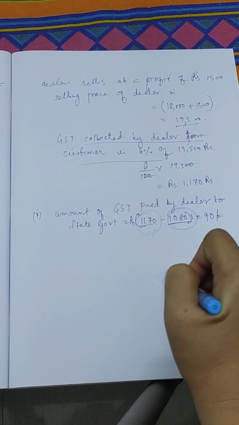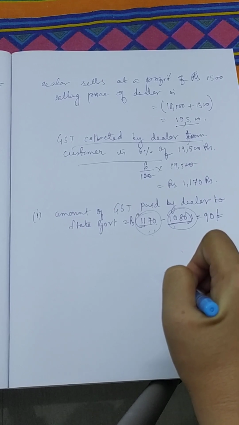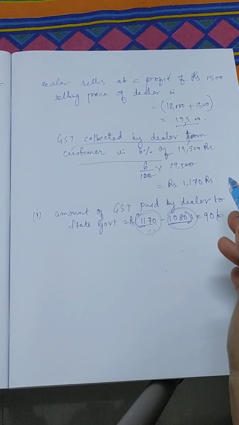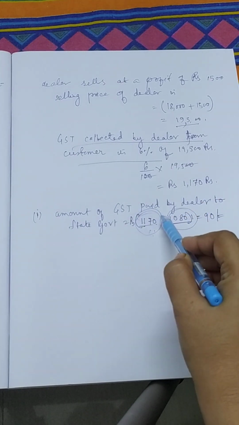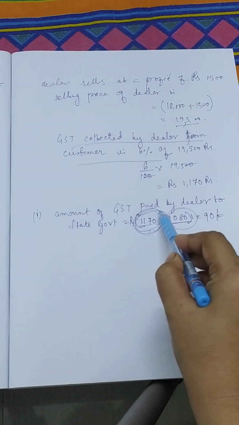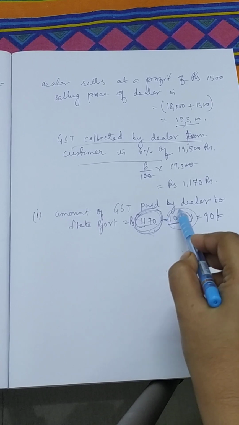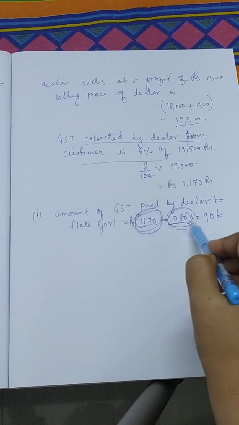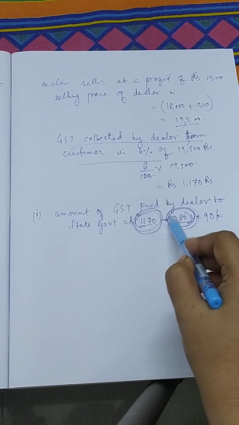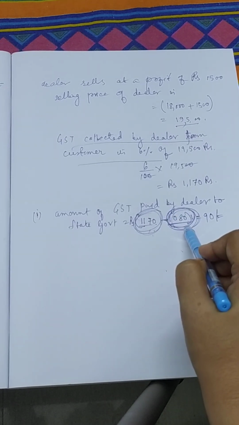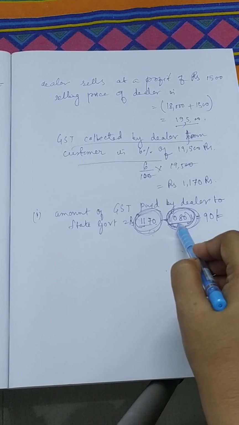So he will pay the part which is extra. That means the amount which is collected from the customer minus the amount which he already paid, because this part he has already paid to the government, or we can say to the manufacturer.